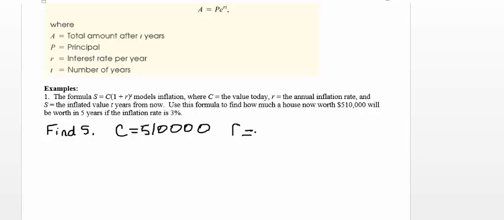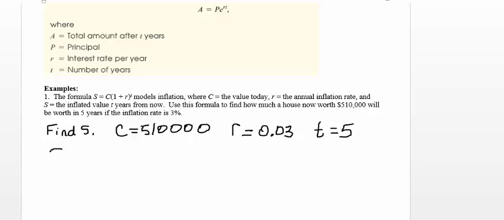So notice that in this problem, I want to find the value of a house in 5 years, whose current value is $510,000, where the inflation rate is 3%.